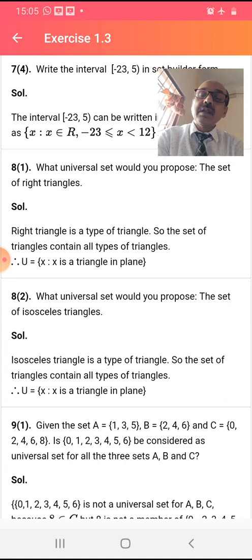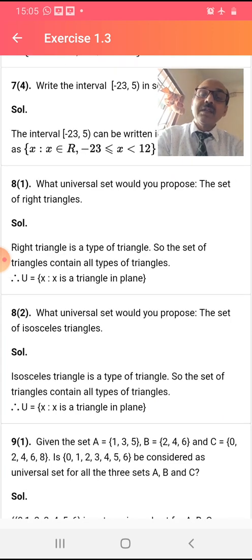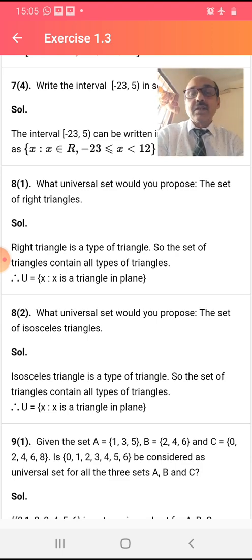After that is the next question, number 8. What universal set would you propose? The set of right triangles. So one particular case, the set of right triangles. All the triangles is the universal set, where all the triangles are there. So in the plane, all types of triangles are there.